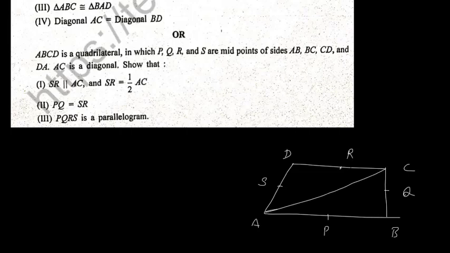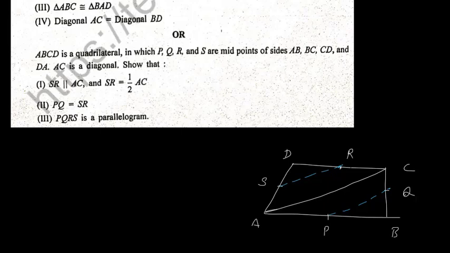We have to show that SR is parallel to AC and SR is half of AC. Second, we have to prove that PQ is equal to SR. And third, we have to prove that PQRS is a parallelogram.